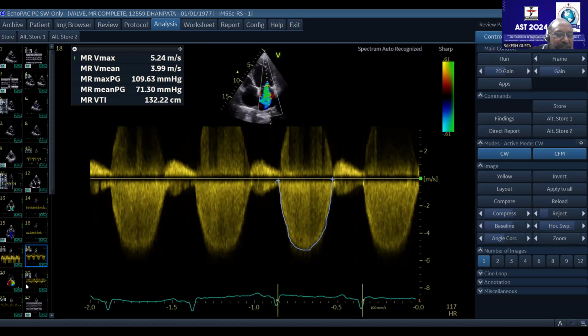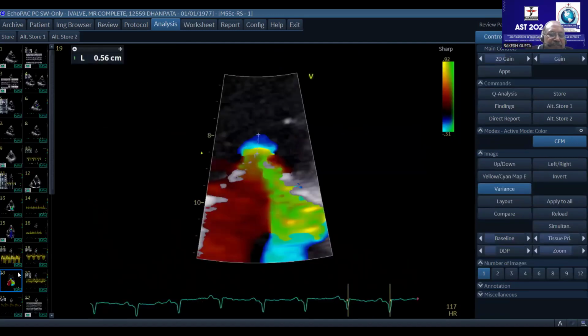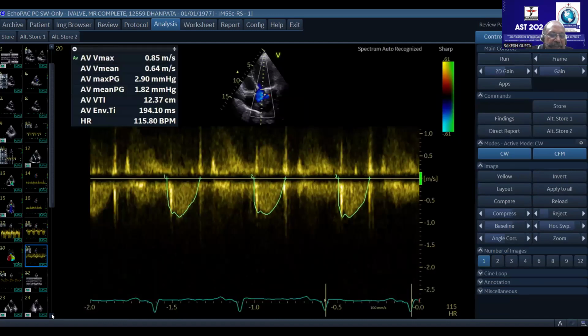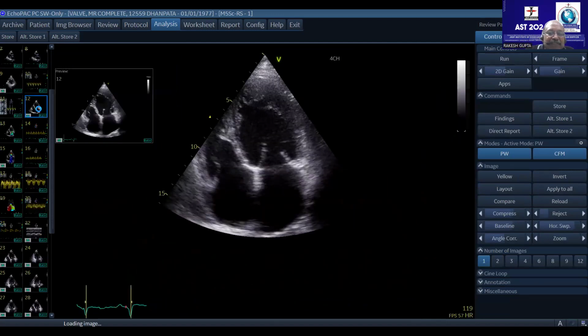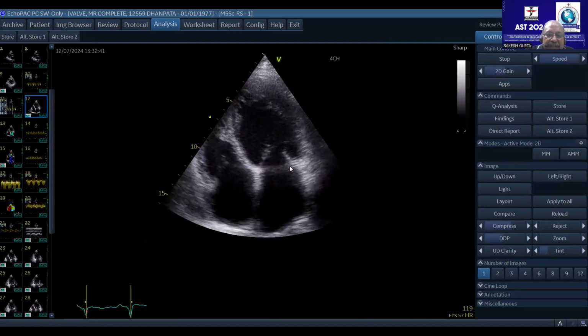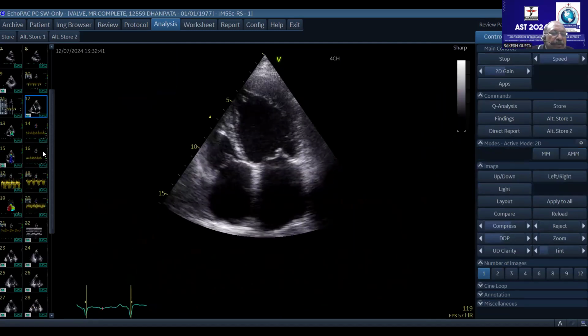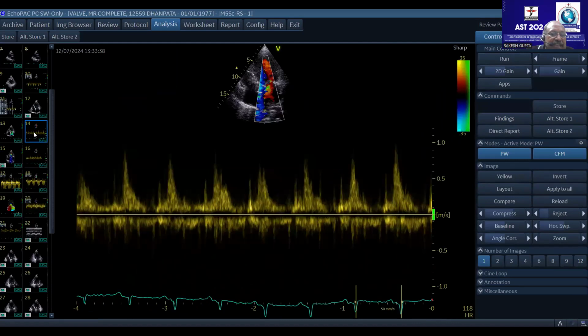Now look at the other method, which is very comfortable, which we use in day-to-day practice. We use the method of mitral valve dimensions. Let's look at the mitral valve dimensions and the mitral flow VTI.